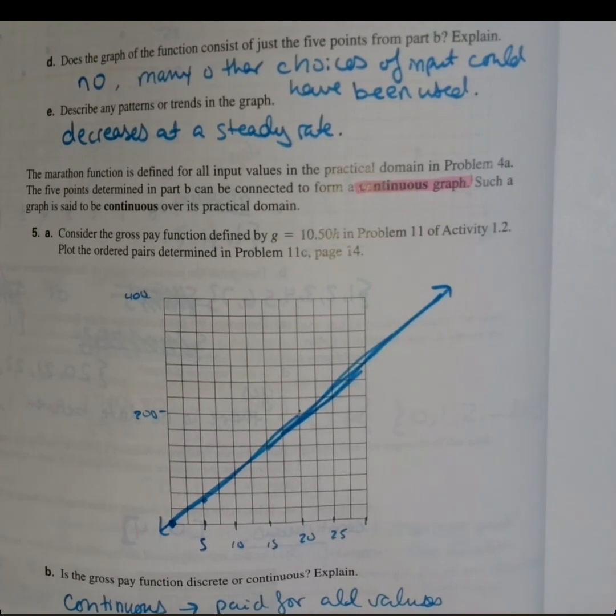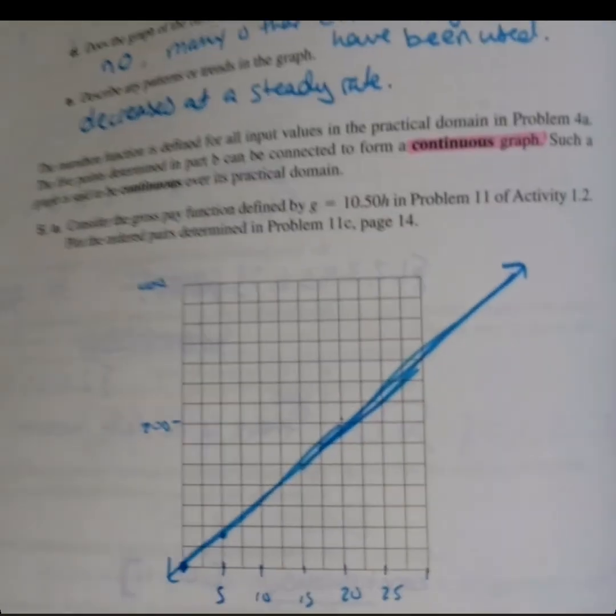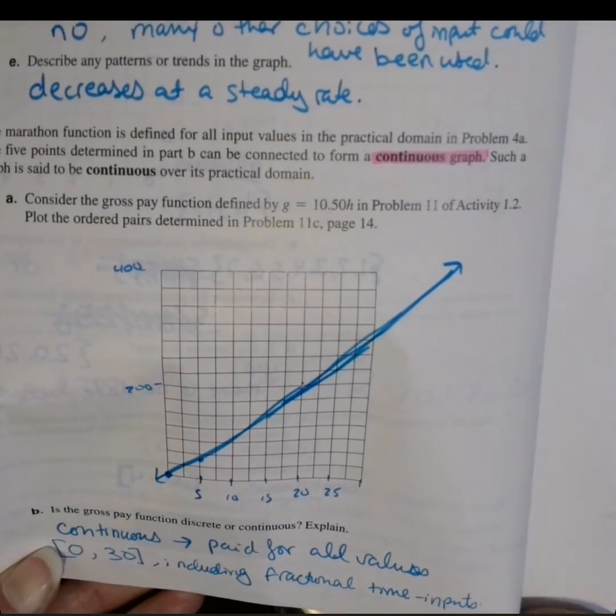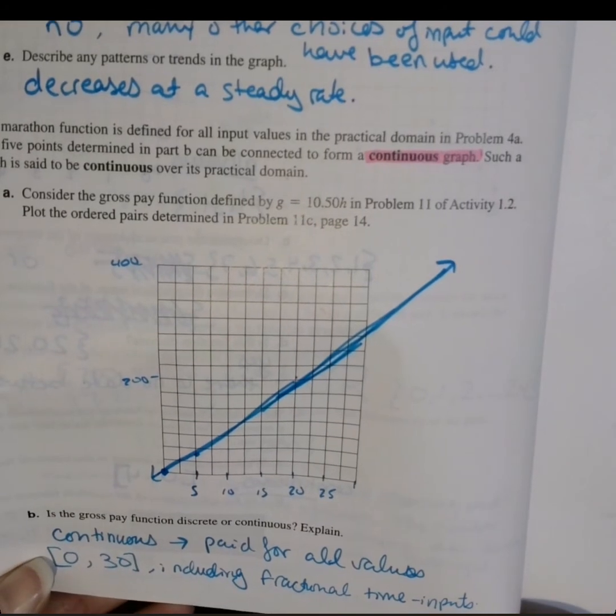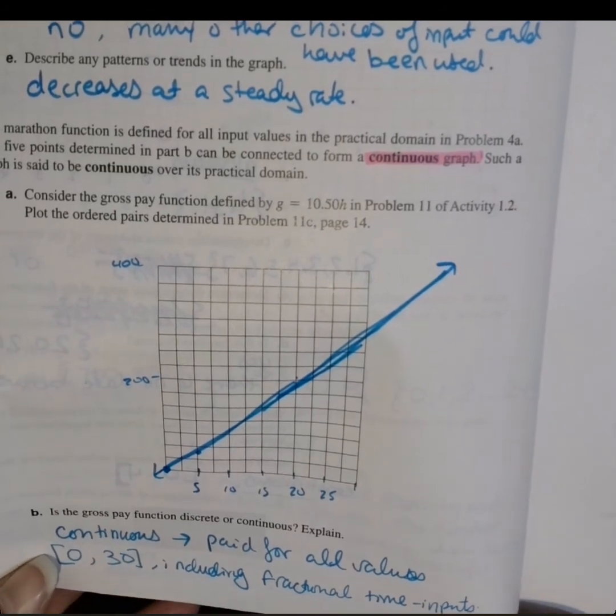So I'm not restricted to the whole numbers only. It's really hard to see the bottom of my page. Let me see if I can push that down. So we are continuous because we're paid for all values between 0 and 30, including those fractional time inputs.